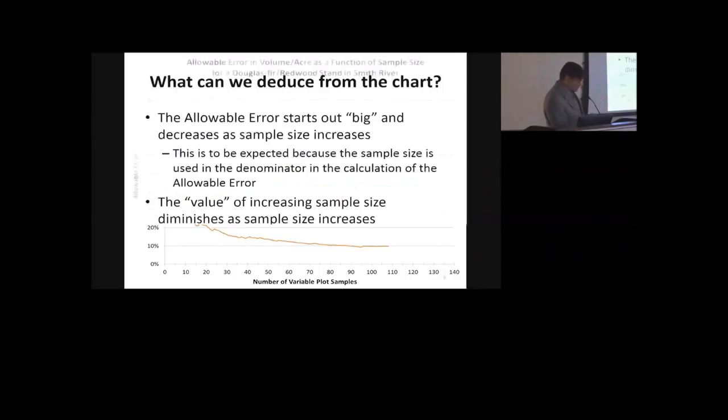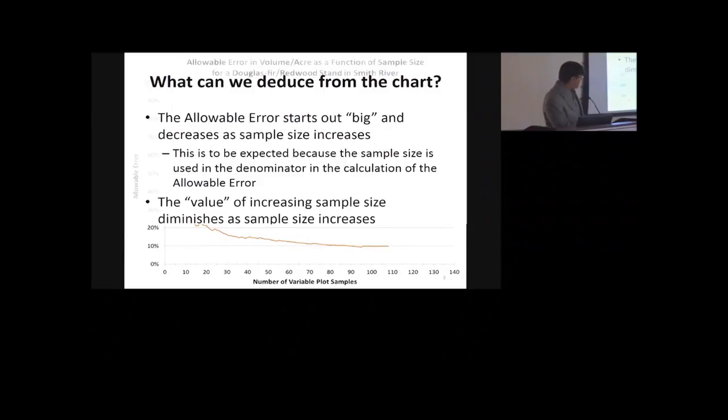So what can we deduce from that chart? The allowable error starts out big and it decreases as sample size increases. And once again, that's to be expected because sample size is in the denominator, it makes the standard error go down. Okay, and then the other feature I want to bring to your attention, the value of increasing sample size diminishes as sample size increases, right?